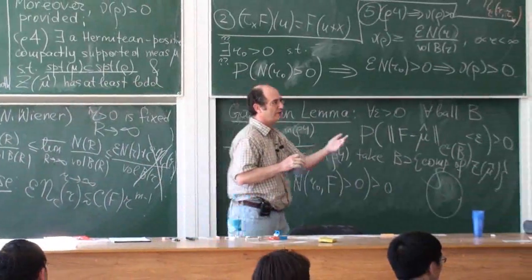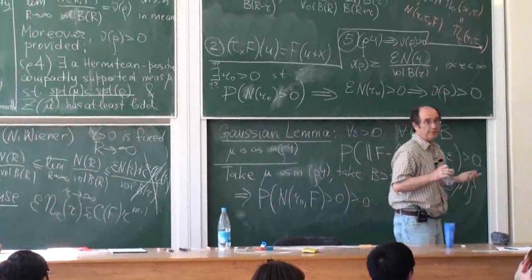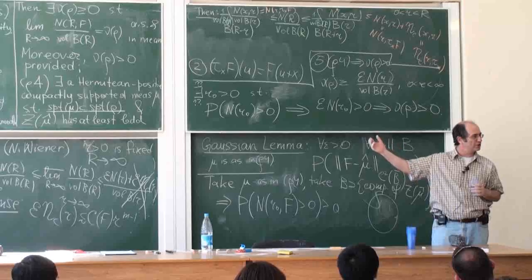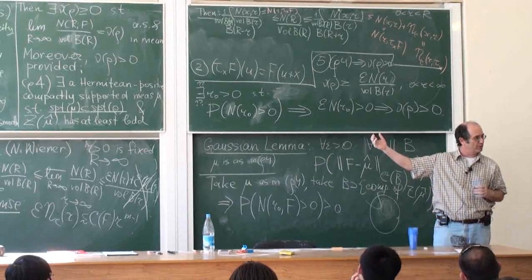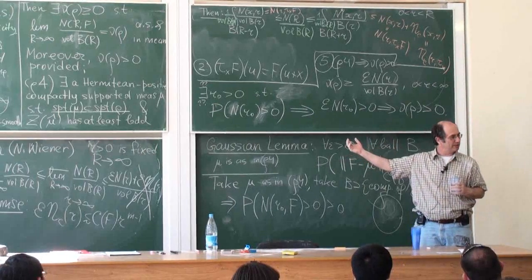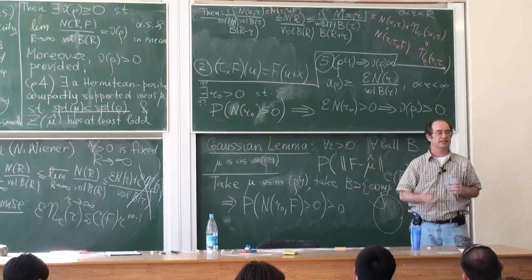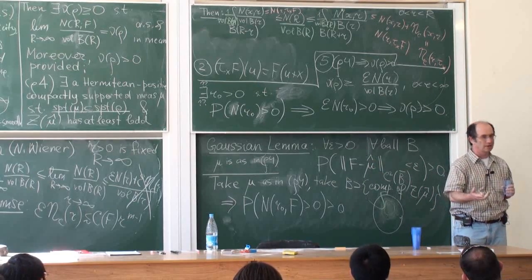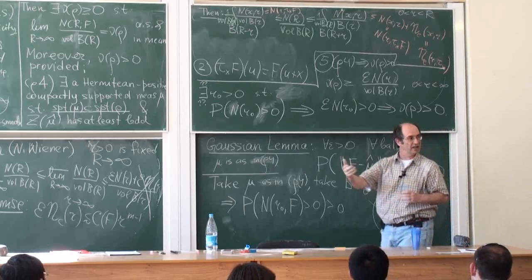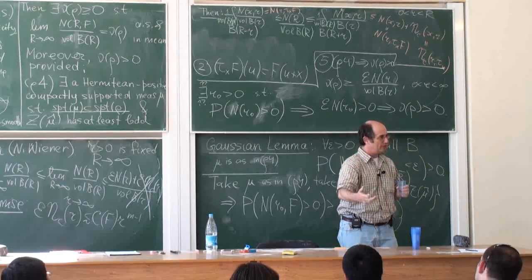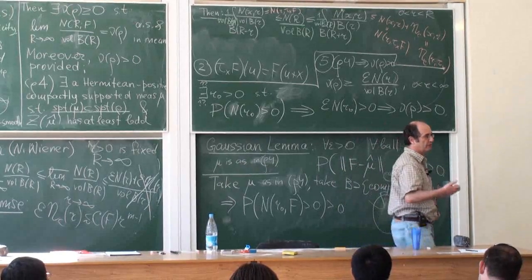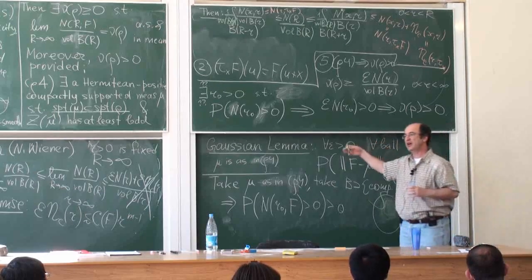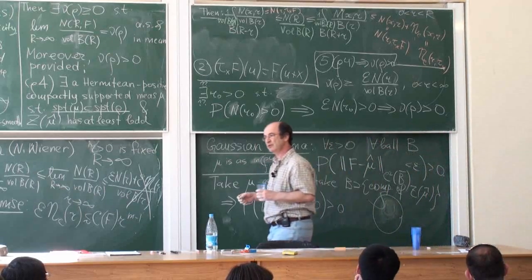It's not written, but it looks like we have an alternative. If condition rho 4 or something like rho 4 does not occur, then almost surely there are no bounded components at all. So we have an alternative. Either we have many bounded components, or almost surely we will not have them at all, because it's more or less clear from the proof that if you find one bounded component, then you will find many.